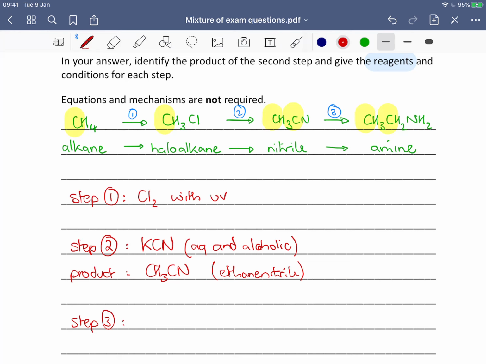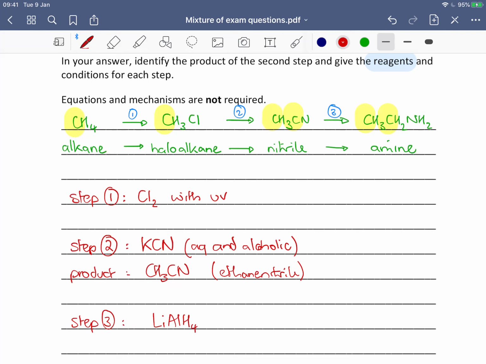So this is where we're going from the nitrile to the amine. That requires a reducing agent. So I'm going to use lithium aluminium hydride. That's a powerful reducing agent. In the mark scheme, they're not asking for the solvent here, because actually step 1 has been 2 marks. Step 2 has been 3 marks because it's been reagent, condition, and product.